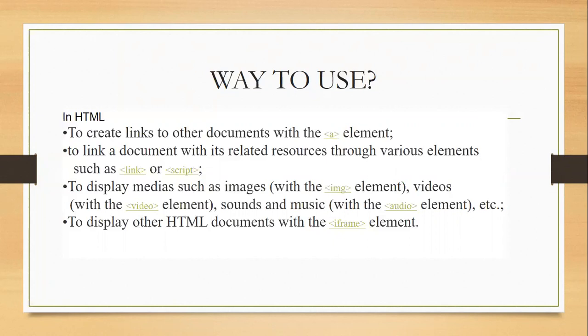To link a document with its related resources through various elements such as link or script. It means after the web page, if you want to merge any data or fetch any data, then you can use the script tag or a link tag. To display media such as image, video, sound, music, or any other GUI, you can use all these tags.